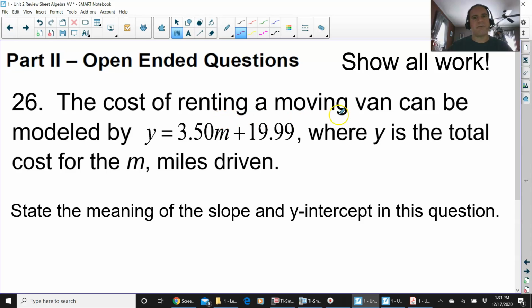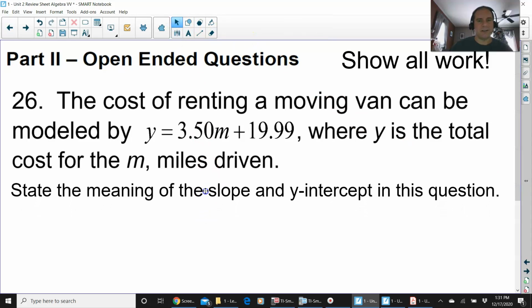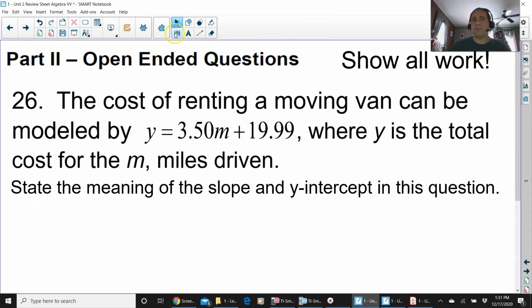The cost of renting a moving van can be modeled by y equals 3.50m plus 19.99, where y is the total cost for m miles driven. State the meaning of the slope and the y-intercept. Wow, we have that as a question a lot of times. What's the meaning of each number?